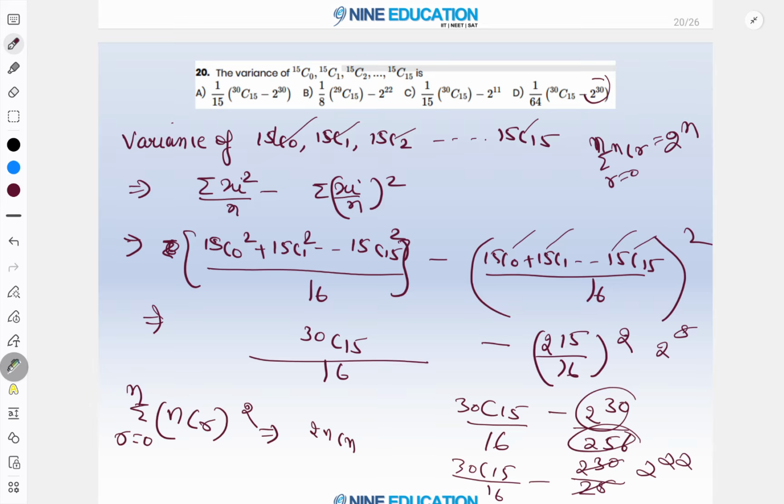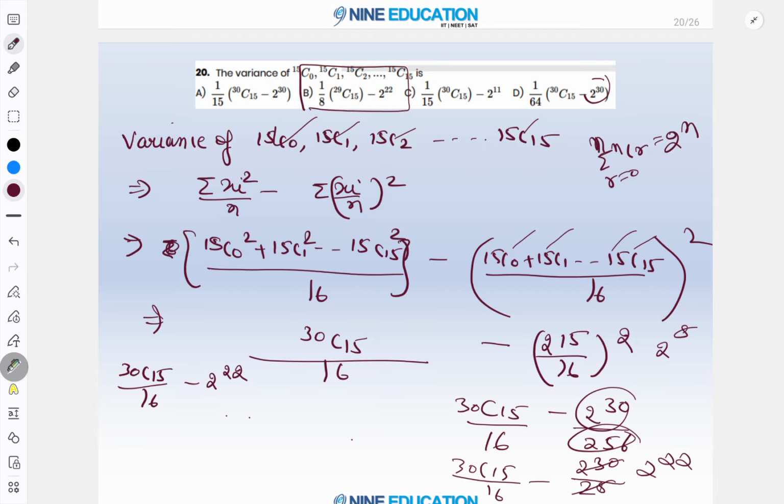So after solving we are getting 30C15 by 16 minus 2 power 22. Now where is 2 power 22? We can have 2 power 22 in only one of the options, so this must be correct. Here you have 29C15, so they have changed it into the form of 29C15. See, 30C15 by 16 will be equal to, we need to calculate it completely.